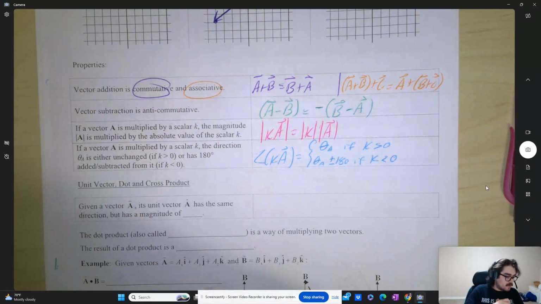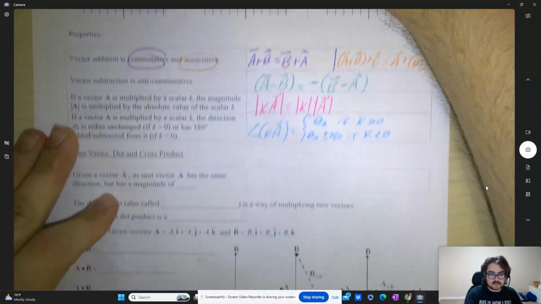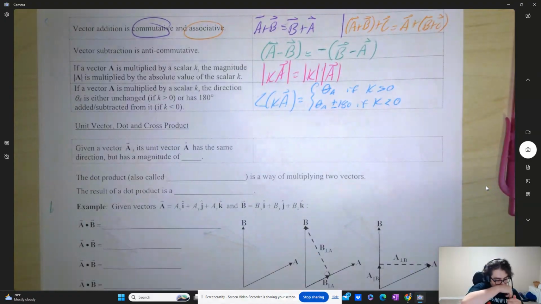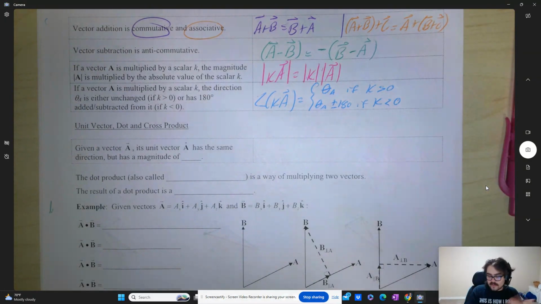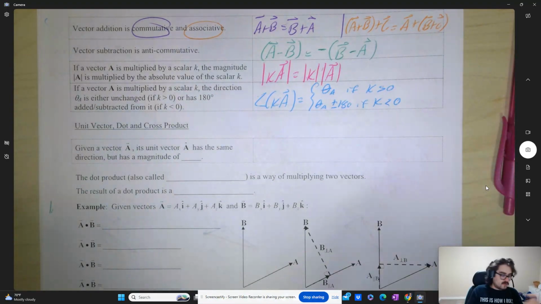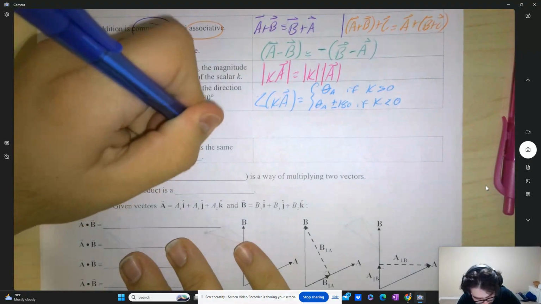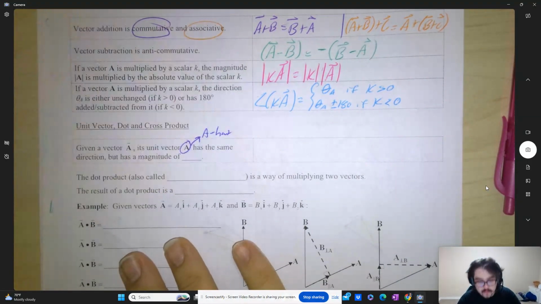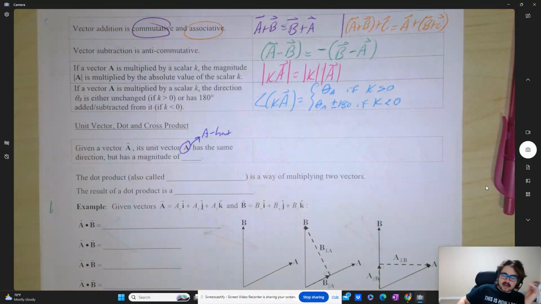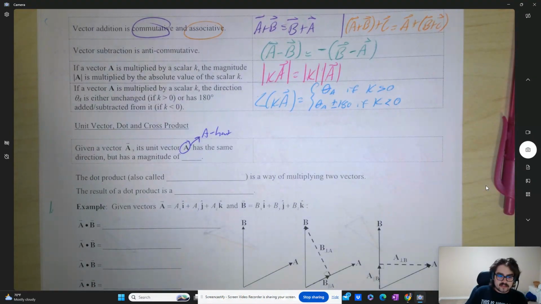Okay? Let's talk about unit vector, dot, and cross product. If unit vector is a new term for you, you probably haven't heard of it before. We call it the unit vector, like A hat or B hat, C hat, I hat, J hat, whatever. The unit vector is a vector that has the same direction as something else, but it has a magnitude of 1.